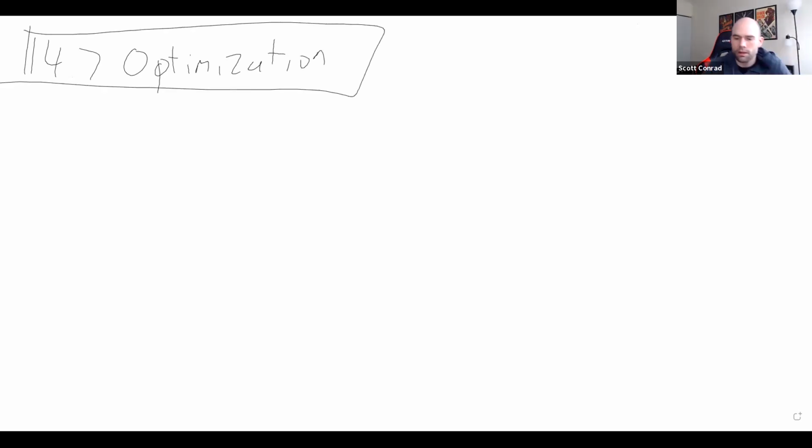Maxes and mins of functions of two variables in this case. And in fact, optimization is what we're going to be doing all week, but we'll look at a different method of doing it in the next section.